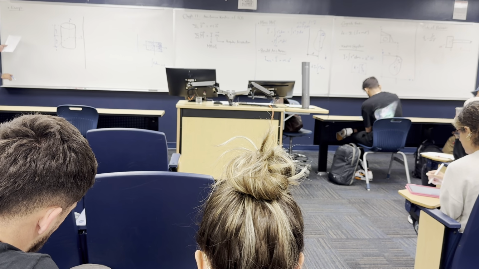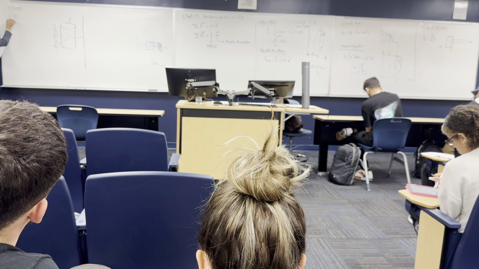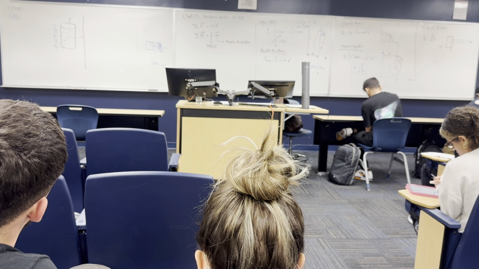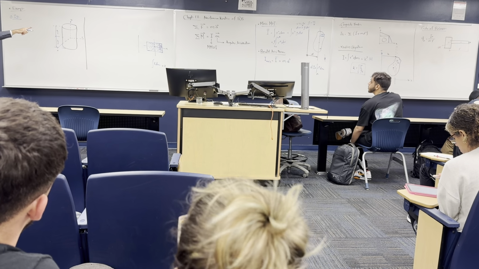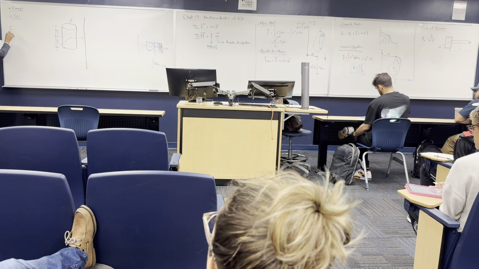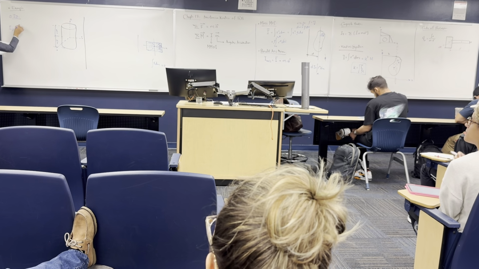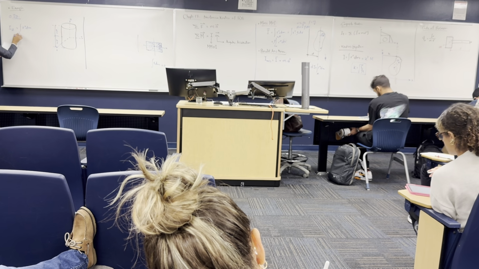For this example, I'm asking you to find number 1, Iz. How can we get I about z? Okay? So we have the general rule: Iz is equal to the integration of r squared dm over the entire mass.